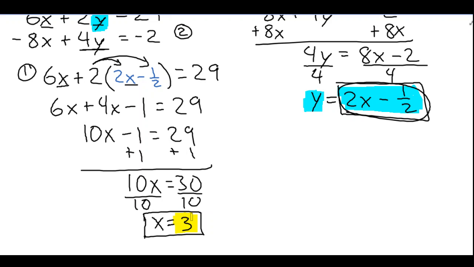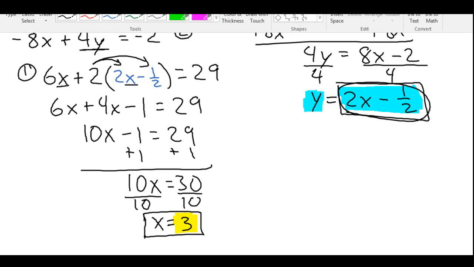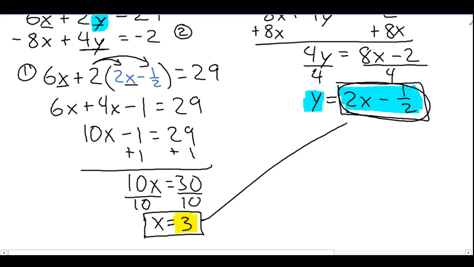You could plug it back into original equation number 1, or original equation number 2, or heck, you could even plug it back in to this equation that we worked with earlier that's already solved for y. And I actually highly suggest that you plug it into this one, because then y is already solved for. Sometimes it's easier this way, not all cases though, but in this particular case, I suggest plugging it back into here.